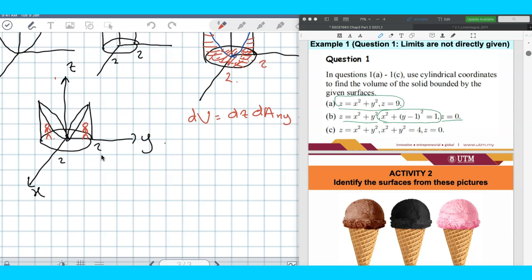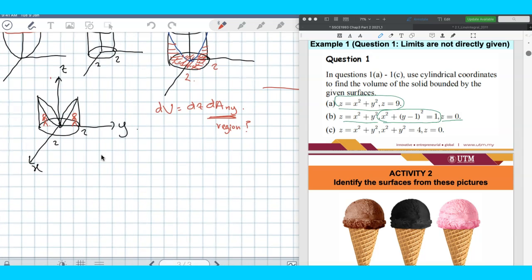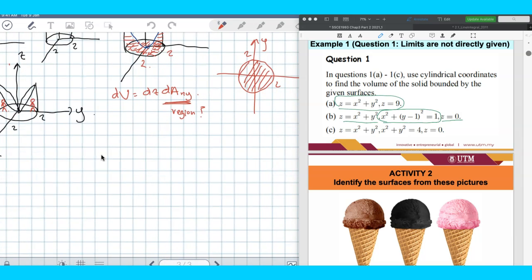Now about the region, what is the shape of the region? The shape of the region is part of the circle with radius 2, centered at the origin, on the xy plane. So you can directly get r from 0 to 2, theta from 0 to 2 pi.